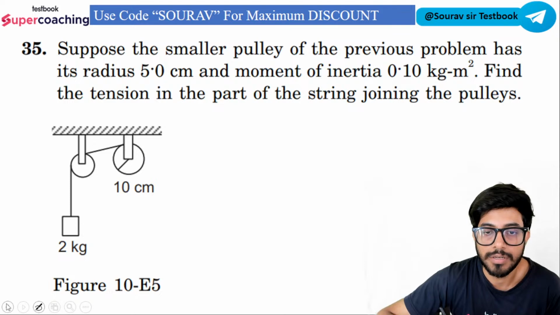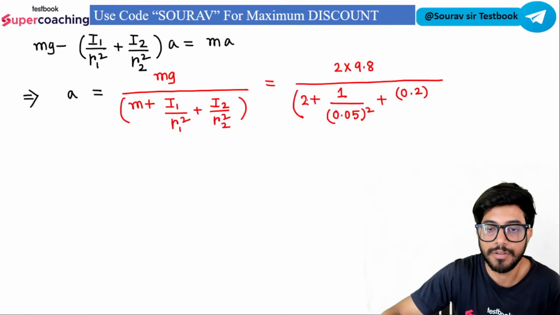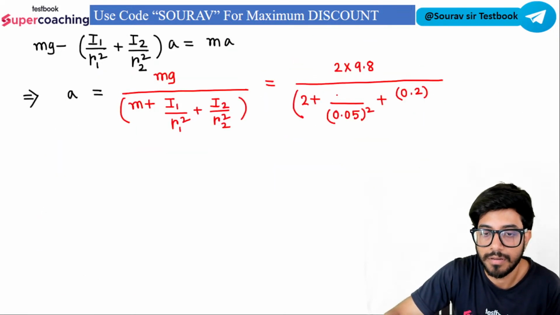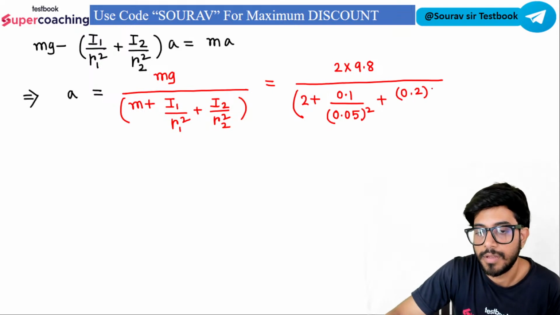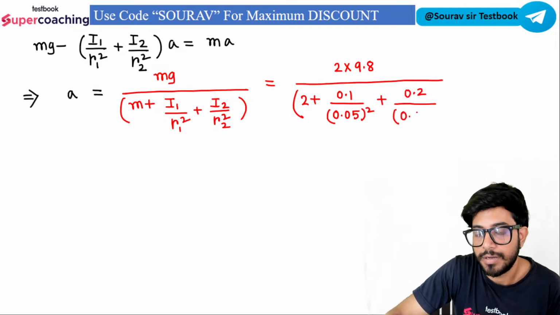Hang on, it should have the value 0.1, right? Moment of inertia should be 0.1. 0.2 divided by 0.1 square.